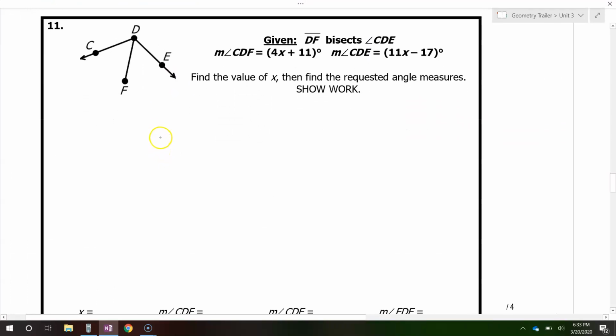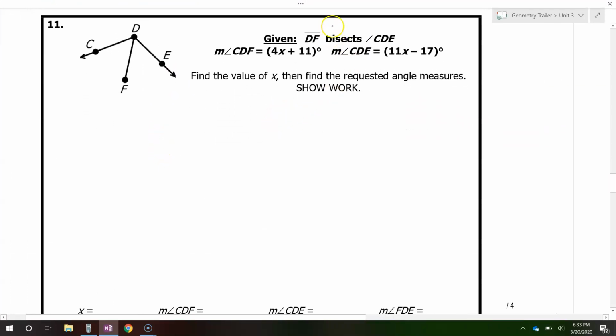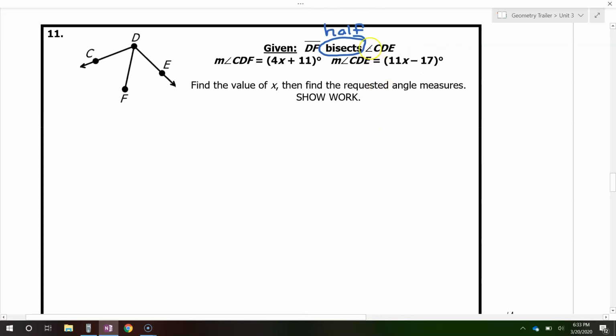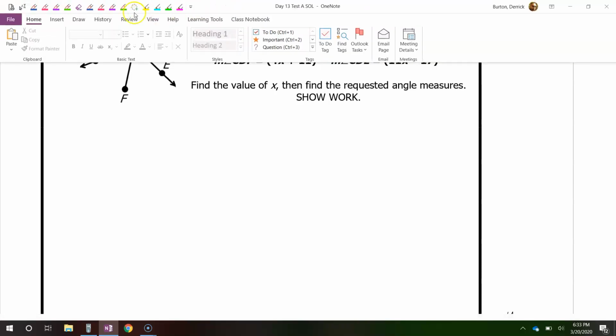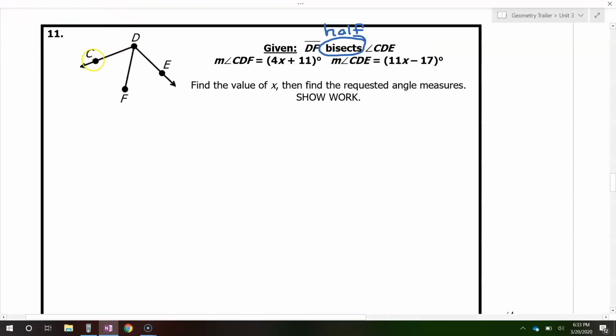Looking at number 11, bisect. The word bisect means that it cuts in half. All right, so start with the second part. DF bisects angle CDE. Start by tracing angle CDE. So here's angle CDE right here.